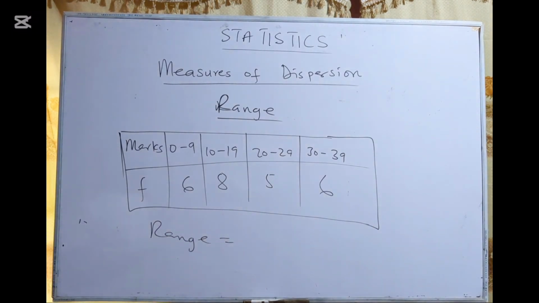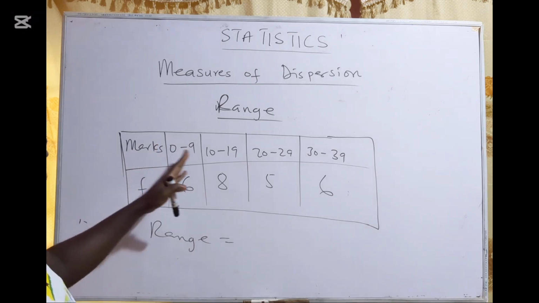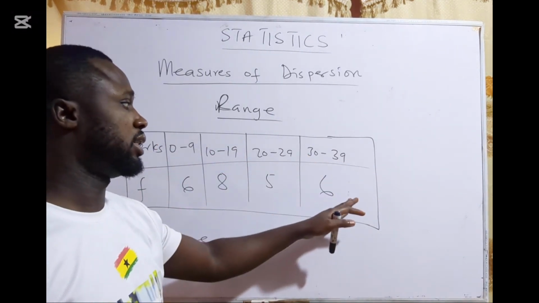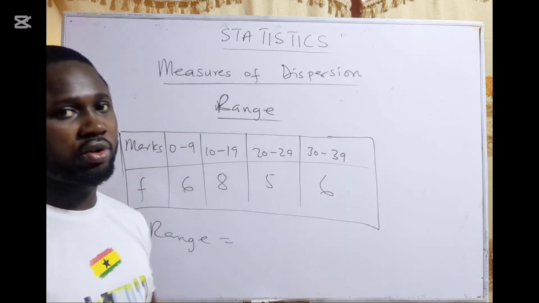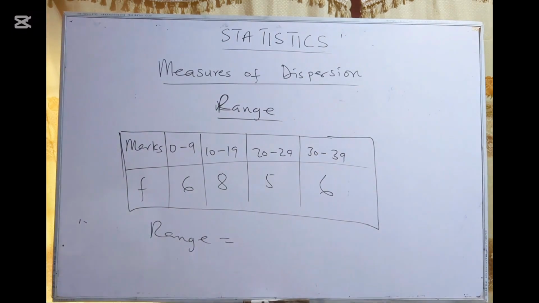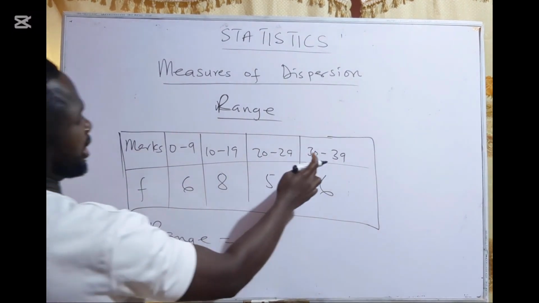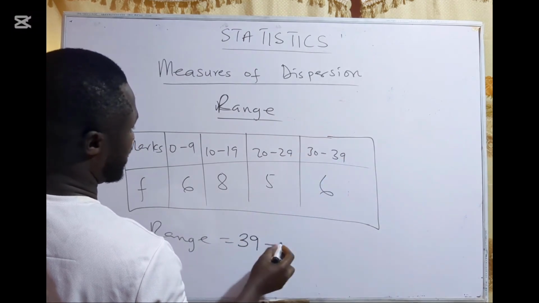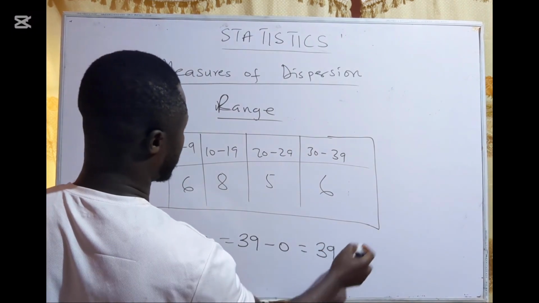We have class intervals from 0 to 9, 10 to 19, and so on up to 30 to 39, with the various frequencies. What is the highest value in the data? We have 30 to 39, so the highest value is 39. And the least value is 0. So my range is 39.